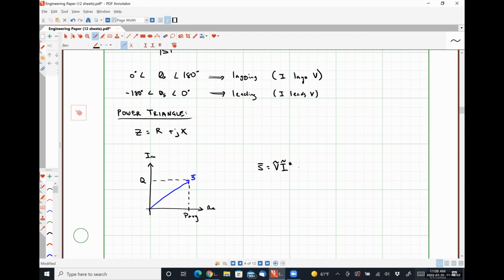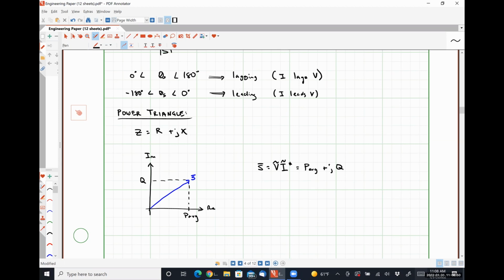So in rectangular coordinates, we can see that S is simply P average plus JQ, right? So the real component of S is the average power.